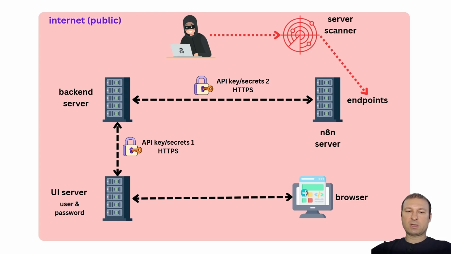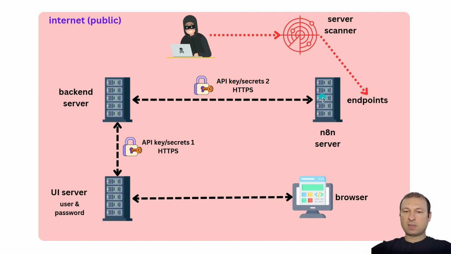He will only be able to see the publicly available backend API endpoints on this server, and that's it. What this server does internally to call the n8n server is completely invisible to the hacker.